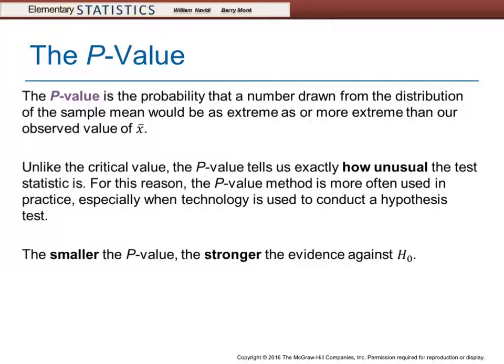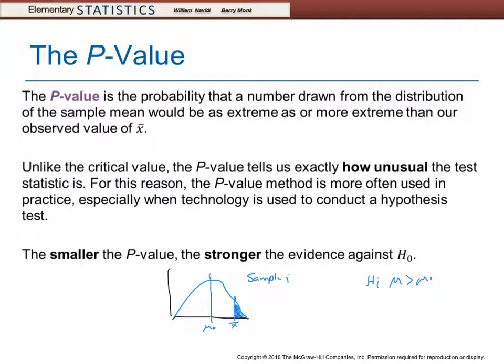So we come back to this idea of the sampling distribution. When we do have a normal distribution, we're looking at the difference between where mu naught is and where x bar falls under the sampling distribution. If this distance is very far, we're looking at the area that is to the right of x bar, especially if H1 is mu greater than mu naught.